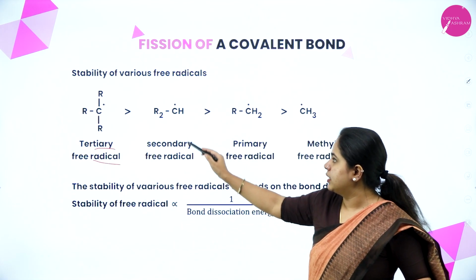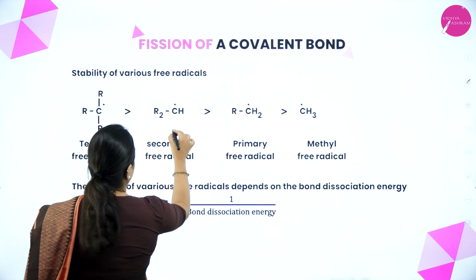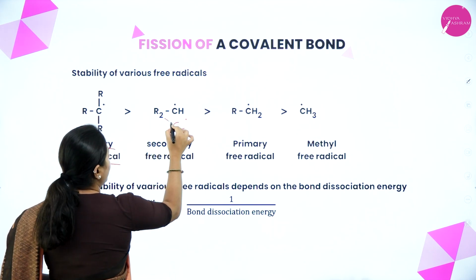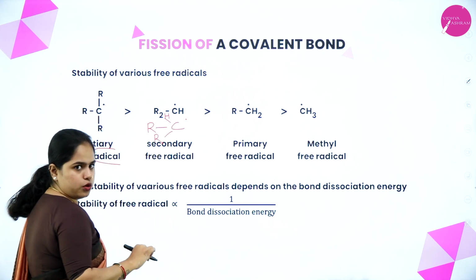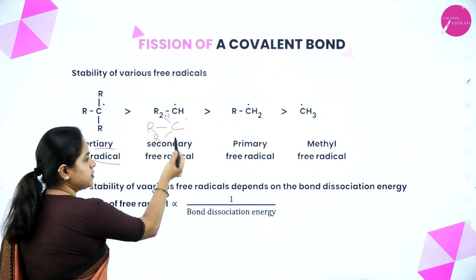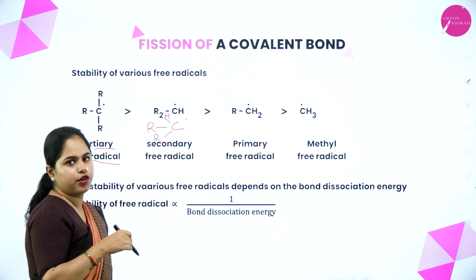The next one is R2CH. That means there is a carbon atom having the free radical, with one hydrogen and two alkyl groups. So this carbon atom is attached to how many carbon atoms further? 2, right? So this is a secondary free radical.